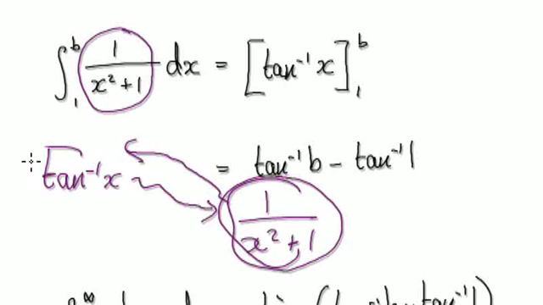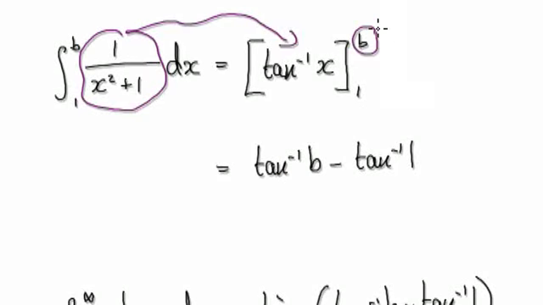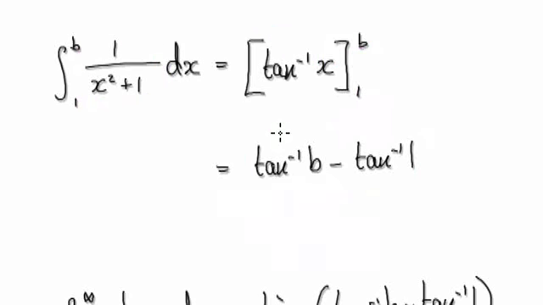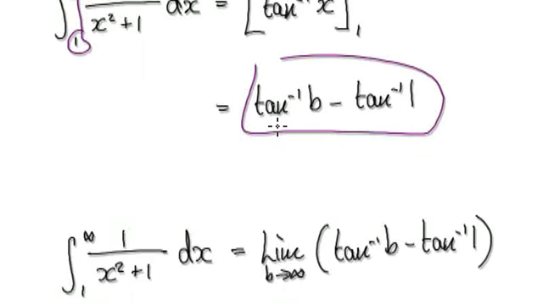Then of course it's going to be inverse tan of x. So integrate this, it will give you this. Now put b into here. Put 1 into here. That will then give you this. So when you integrate this from 1 to b, it will give you this. Now take the limit as b heads towards infinity.